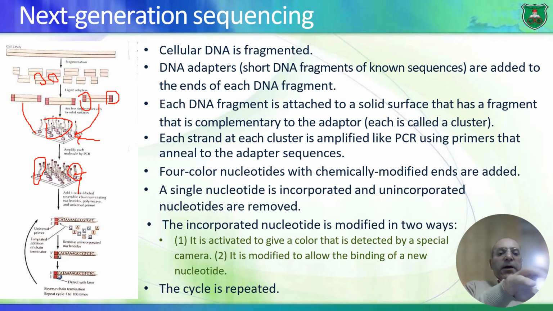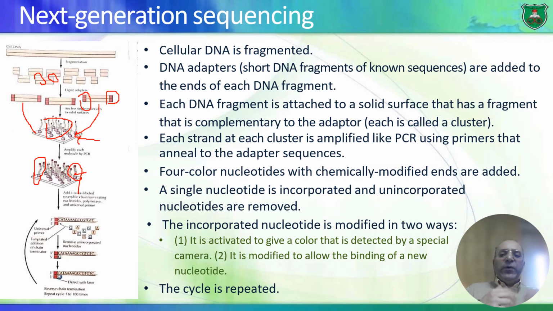And in a third cluster that is far away, we have another nucleotide that is added, and green fluorescence comes out. And we have a camera on top, and the camera takes a picture of all of the colors that are produced at the same time.